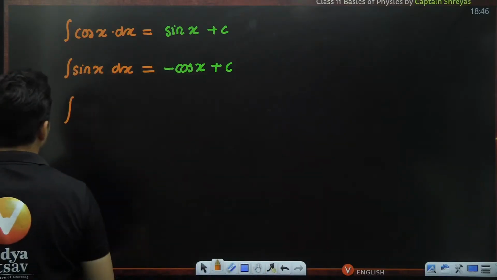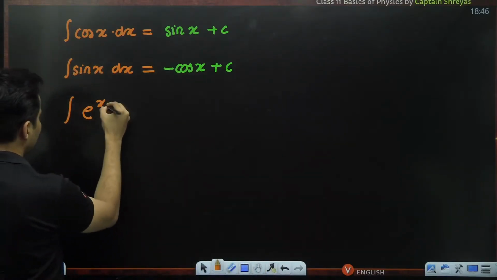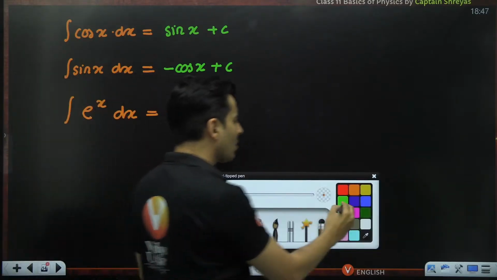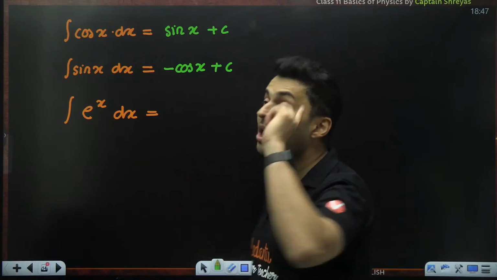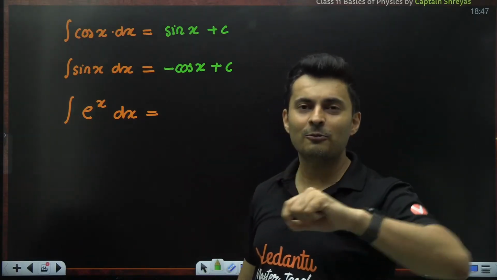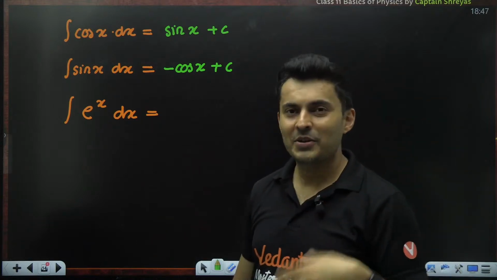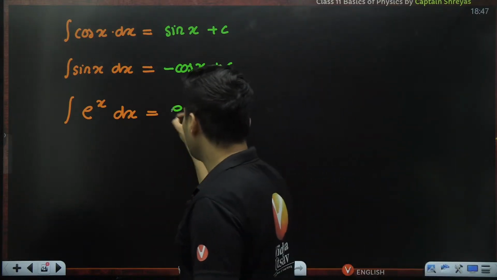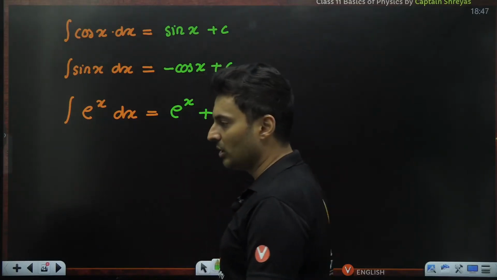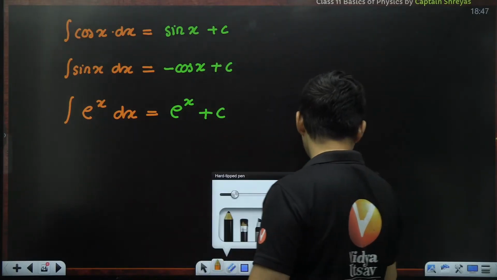Similarly, if I ask you what is the integration of e raised to x dx, immediately you will think, whose derivative is e raised to x? Oh, wait a minute, it was a very special function whose derivative was the same thing. So the integration will just be e raised to x plus the constant of integration. Excellent.